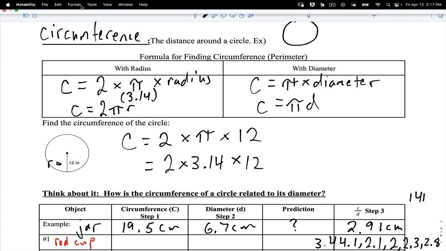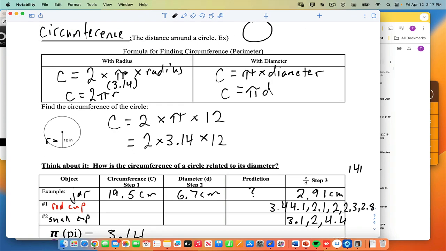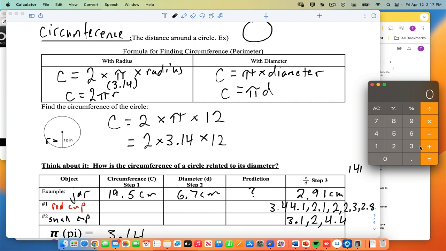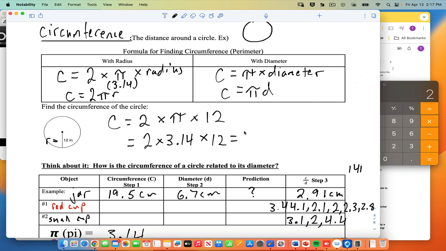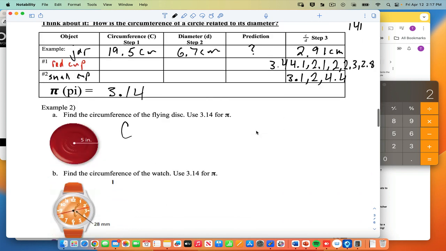Do not just stop at 3.14. If you get the answer 6.28, you are 1 step short. What is 2 times 3.14 times 12? 75.36. Good. You have just found your first circumference. If you walked around that circle and it was drawn to scale, you'd get 75.36 inches total.